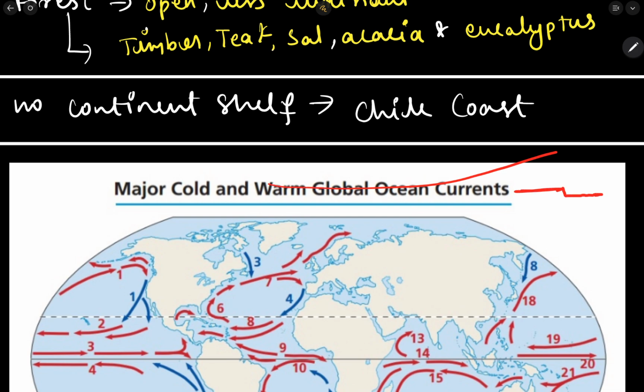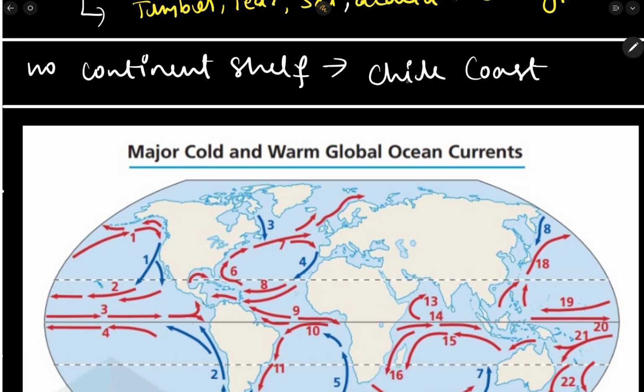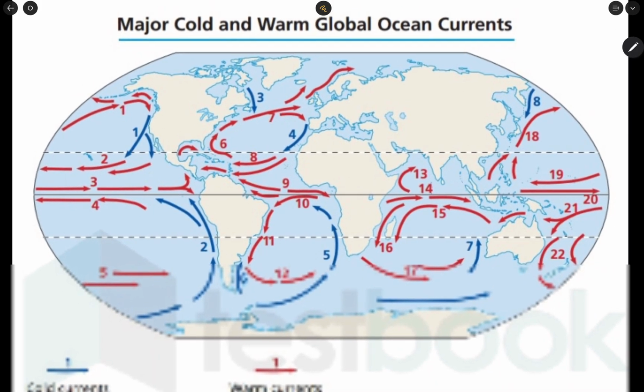Next we have this zone where there is a shallow amount of water above, and next we have this continental slope. So this region where the water is very shallow is known as a continental shelf. So it acts like a shelf. And in the Chilean region we don't have the continental shelf.